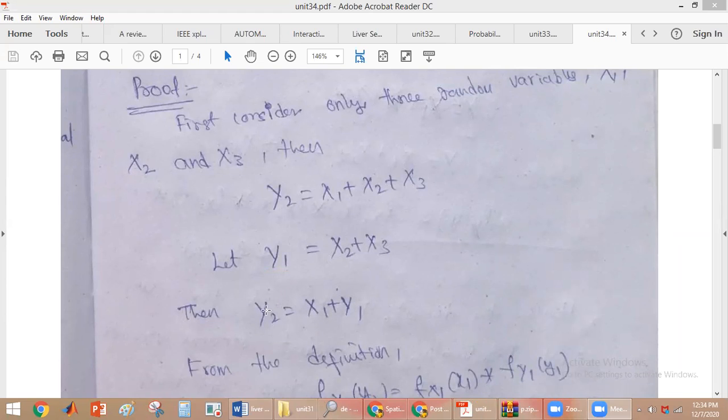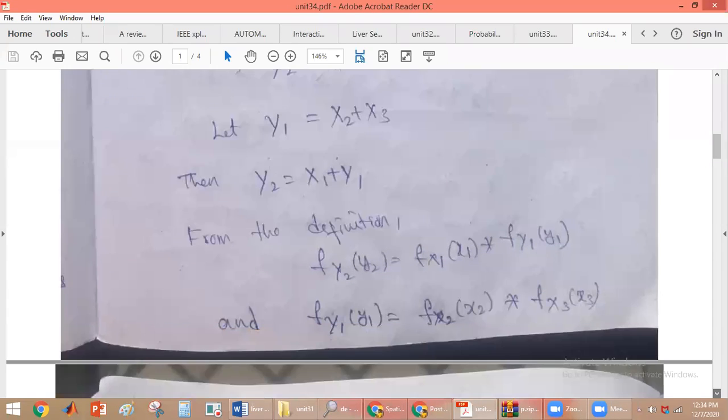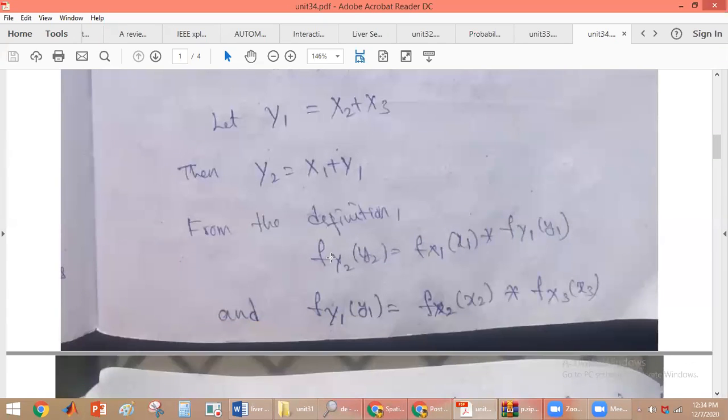So the probability density function of y2 will be the convolution of the density function of x1 and the probability density function of y1. We write fy2 of y2 will be equal to fx1 of x1 convolution fy1 of y1.